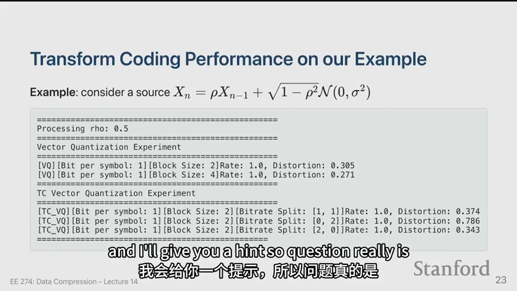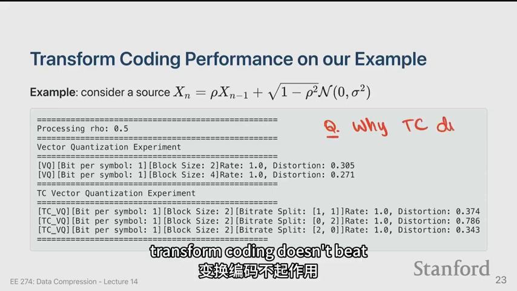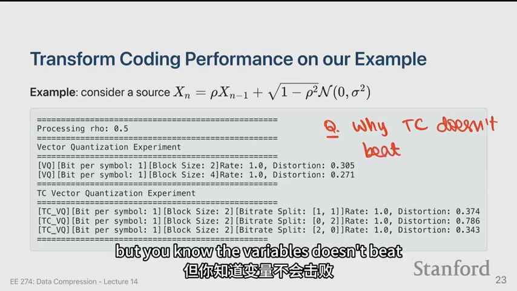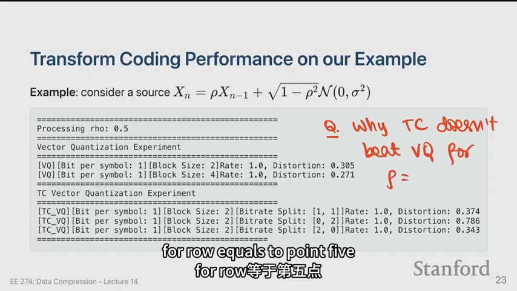And I'll give you a hint. So the question really is, why transform coding doesn't beat VQ for rho equals 0.5. I'm not filling in the variables, but you know the variables.